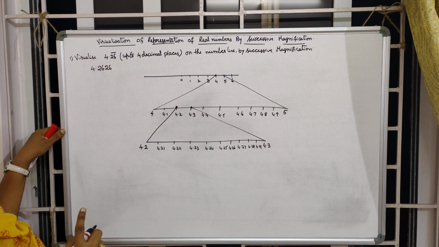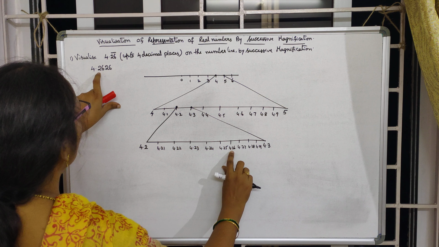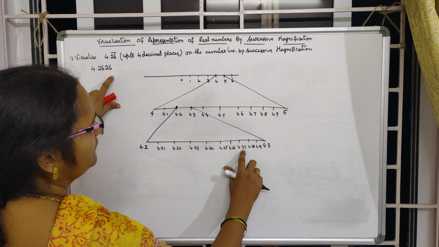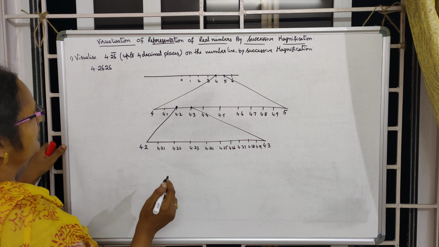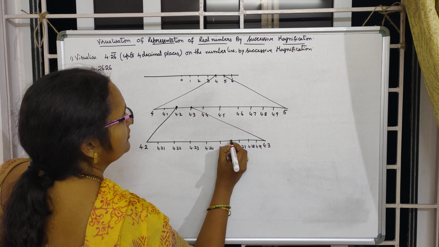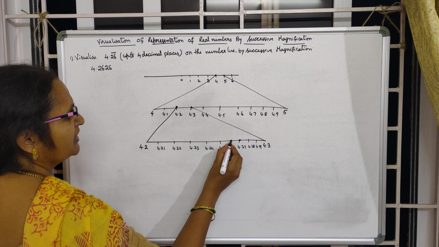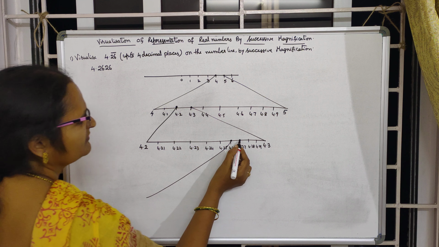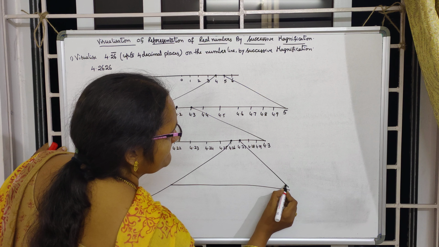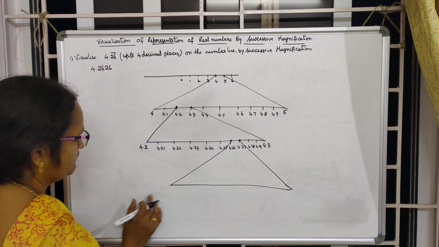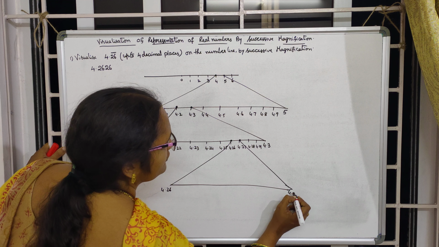Now 4.262 is supposed to be between 4.26 and 4.27. So after magnification, 4.262 will exist in between these two numbers. So now I am taking this one. Again I take magnification.